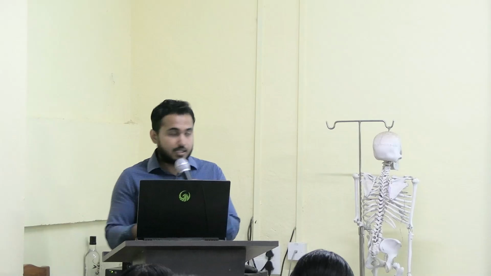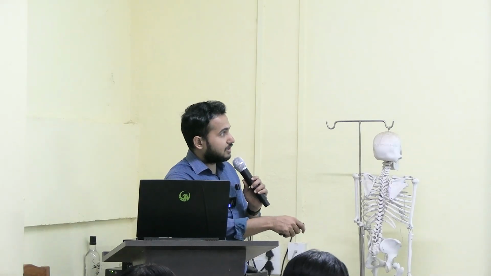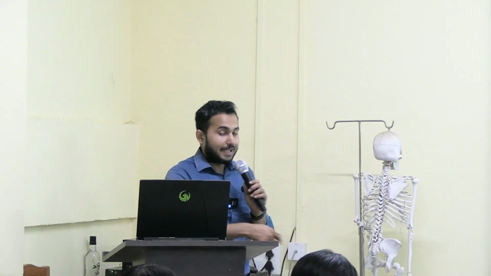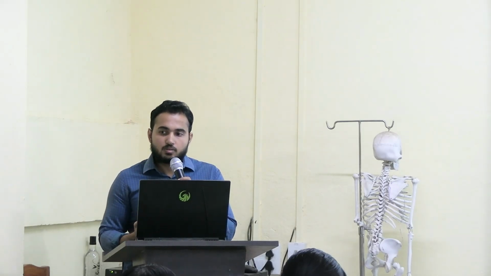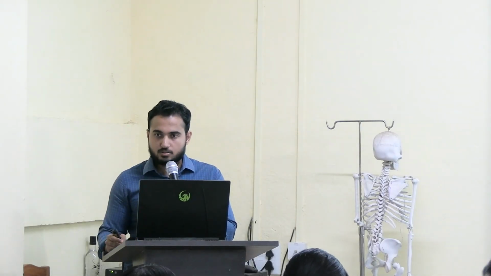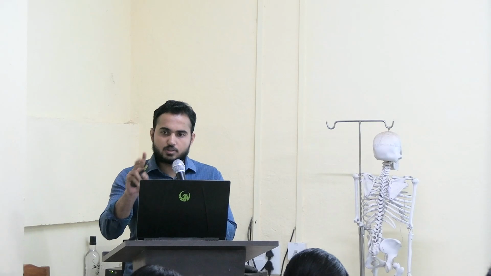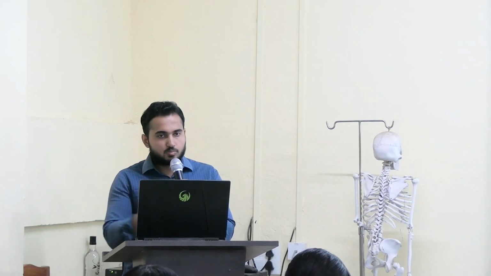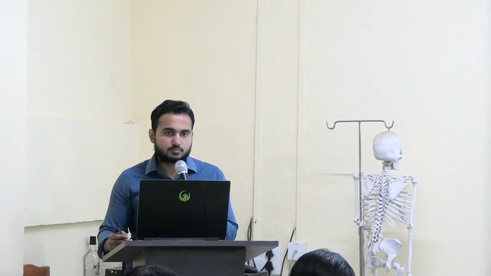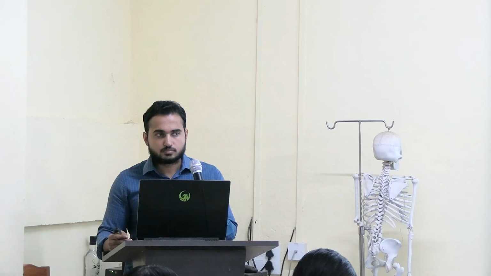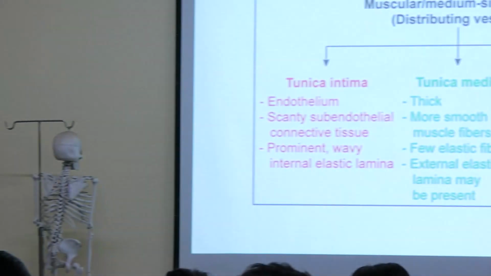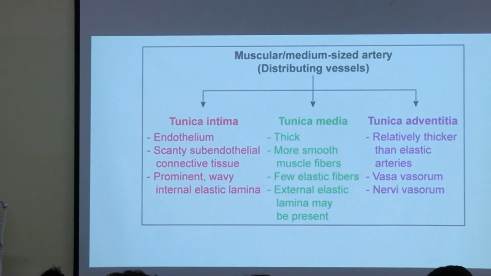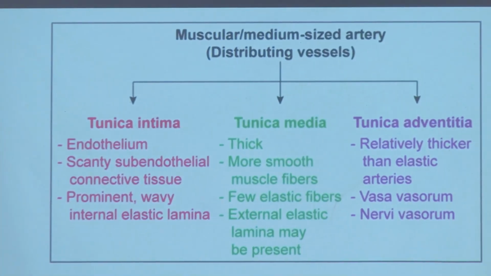In the similar way here, once you explain everything, you have to write the examples of the elastic artery. That means, where it is located, where those arteries are located, at least one or two. So can you name any elastic artery? Find out. Okay, find out the examples of elastic artery. At least two examples. Okay.